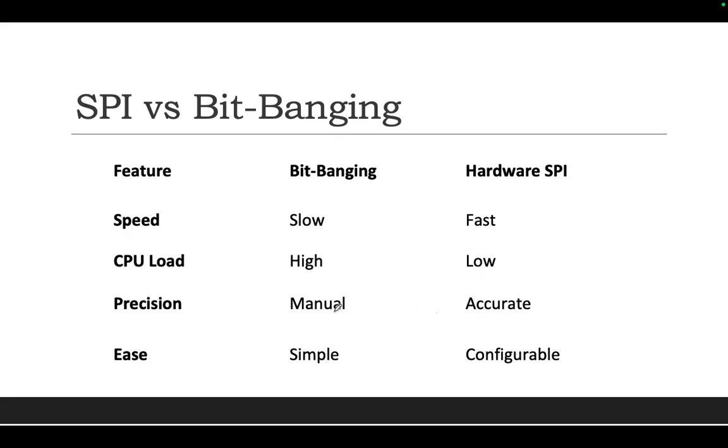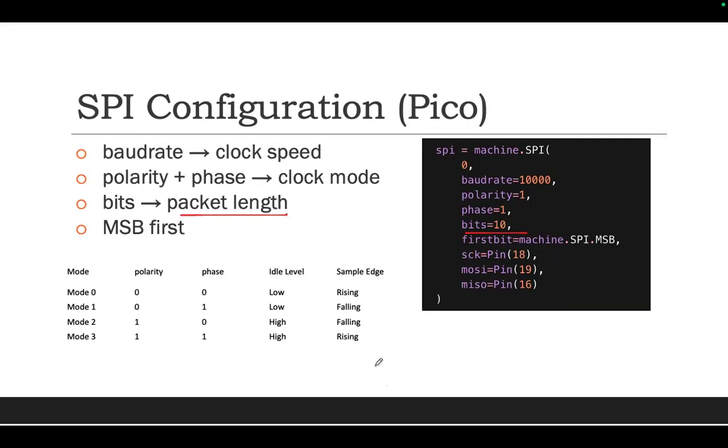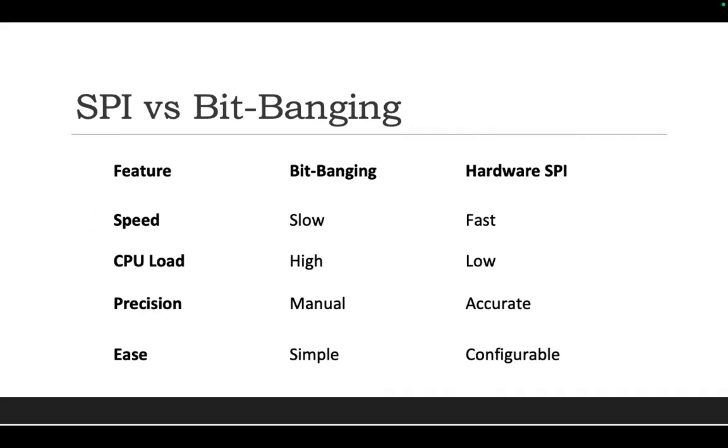And the software is simple. You just use several lines of code to implement the software SPI. But for the hardware, you need to do many configurations. Different hardware, different configuration. Am I right? So that's the difference between the software SPI and the hardware SPI.